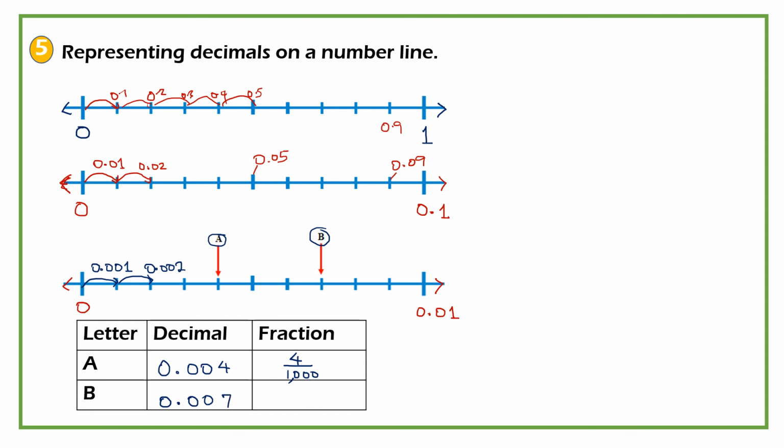And then as a fraction, it will be 7 out of 1,000. I hope that you have really understood this lesson about thousandths.